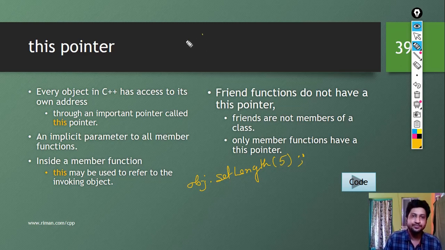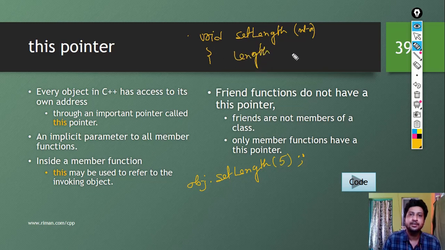Suppose we have this function definition inside the class. We write void set length, suppose int a, and we set the length is equal to a. But with 2 objects, suppose this belongs to class Box.